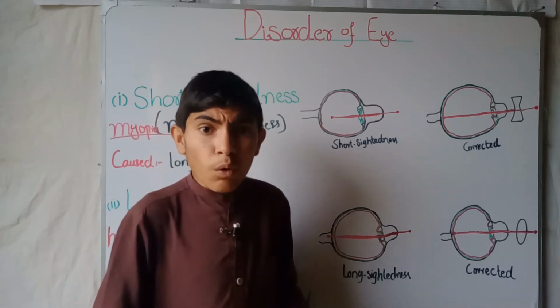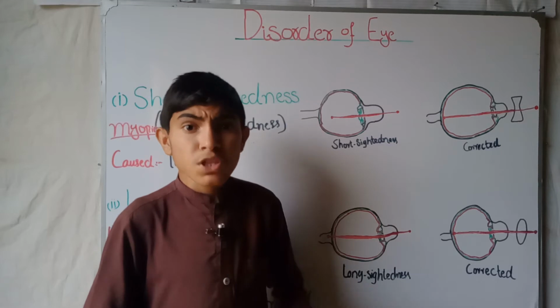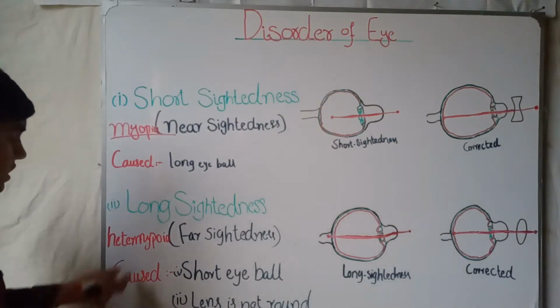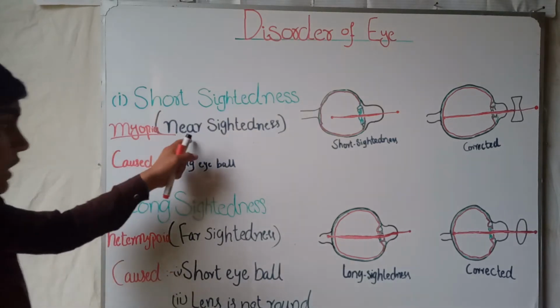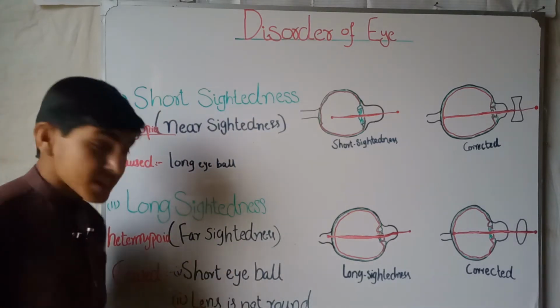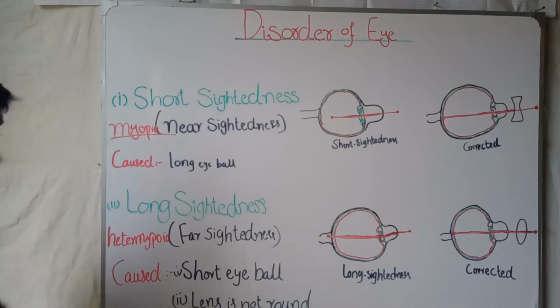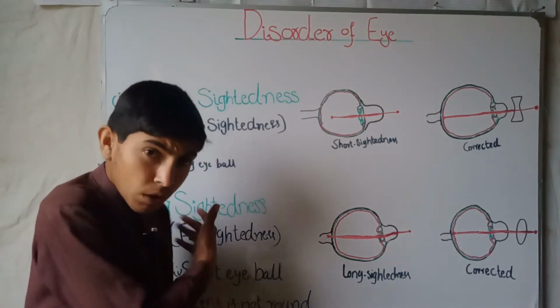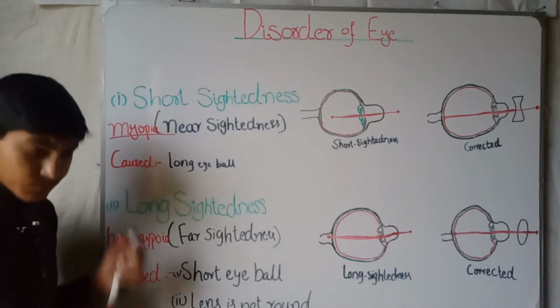Two of these diseases are most common. One is short-sightedness and the second is long-sightedness. We can say nearsightedness and farsightedness. The scientific name for short-sightedness is myopia, while for long-sightedness it is hypermetropia.